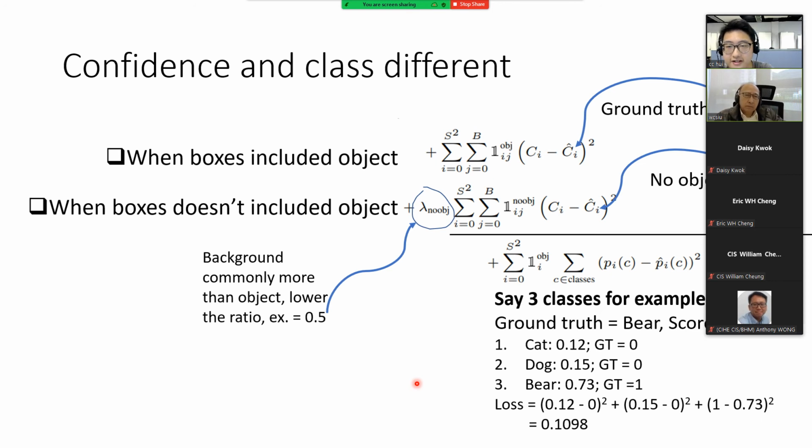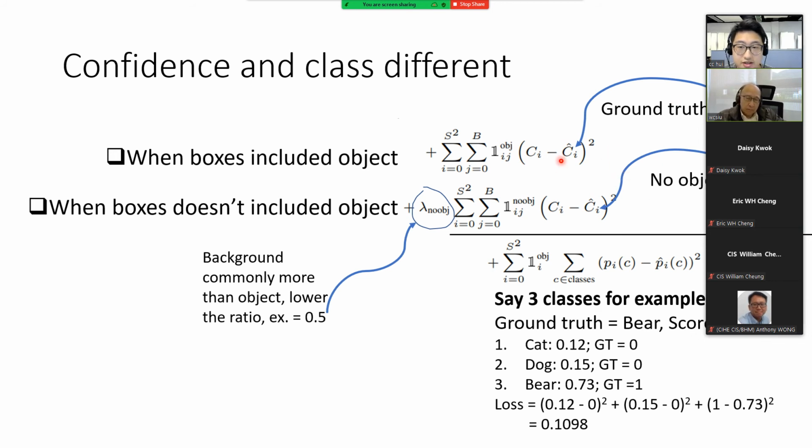So for confidence and class difference, how do we do it? For confidence, if it includes a ground truth, it is equal to 1, because for probability, 1 means ground truth and 0 means no ground truth.